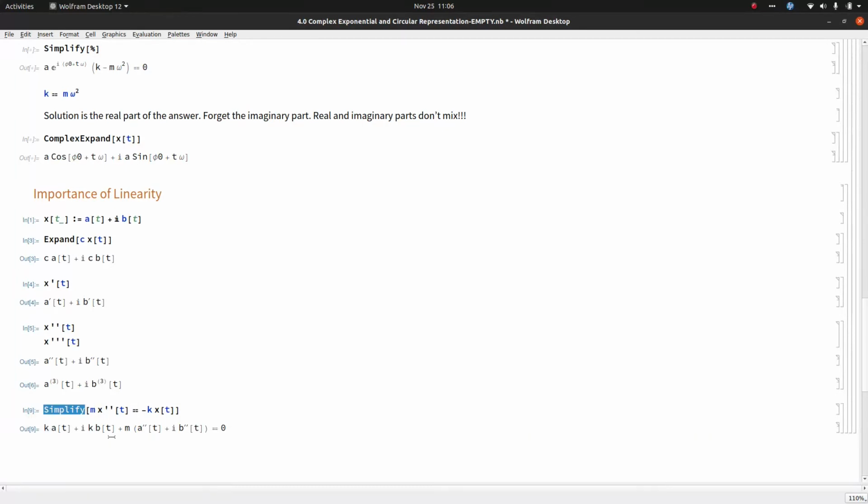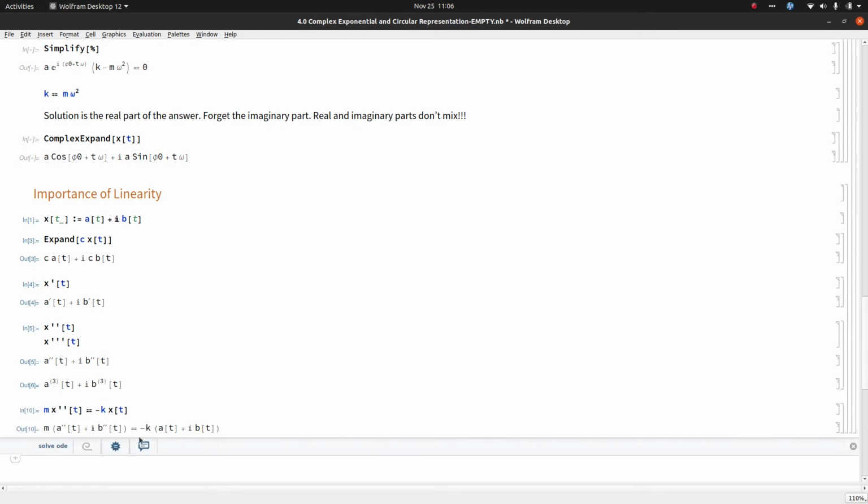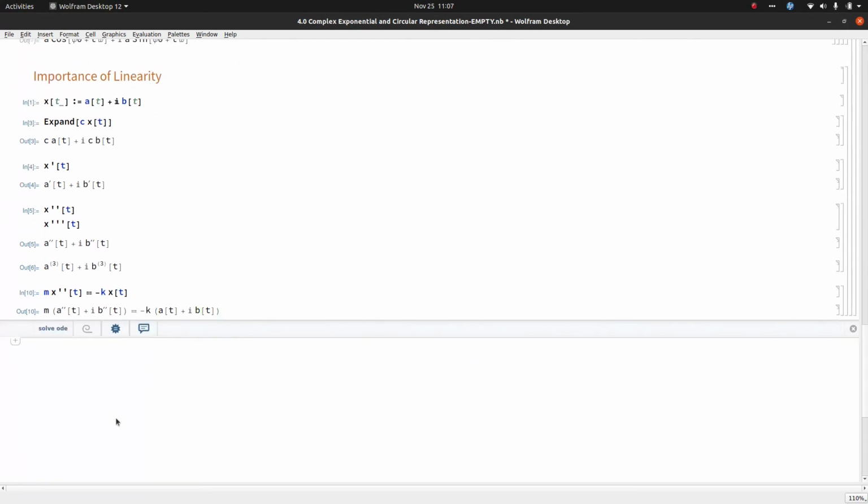This is a linear equation, and all we're going to have is the b's will stay imaginary, the a's will stay the real parts. Where this gets messed up, and this is where you have to pay attention, is when the equation is not linear.